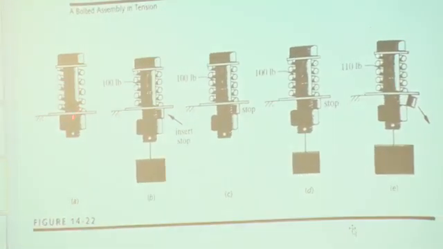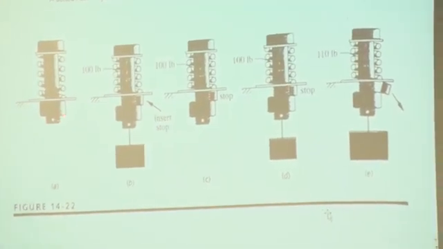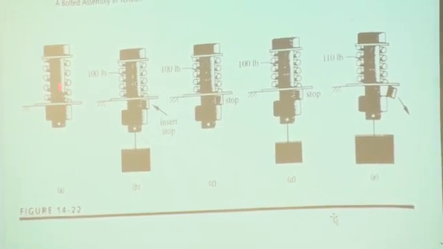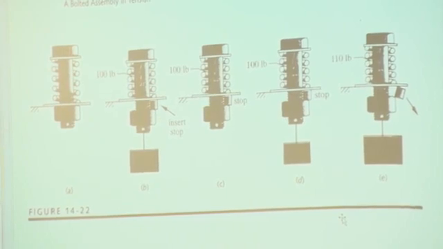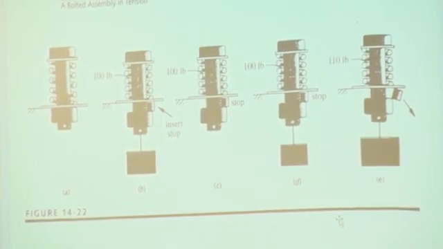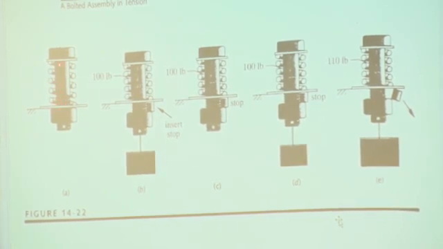And we tighten this just to a point where the spring is about to be compressed. So here, the force in the spring is 0. And notice that the bolt protrudes through this lower plate. It's got a little hole here.